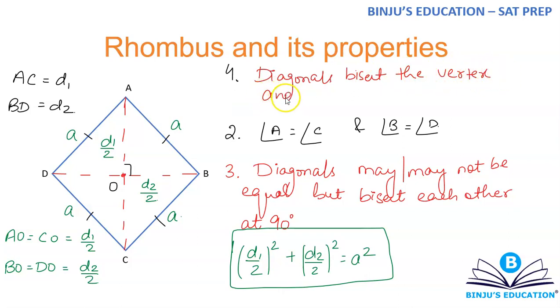In the previous two cases, a normal parallelogram and a rectangle, opposite angles were equal, no doubt in that. But in both cases, the diagonals were not bisecting the vertex angle, right? In this case, the diagonals are also bisecting the vertex angle. So this angle, let's call this theta, will also be equal to theta. This is the difference.